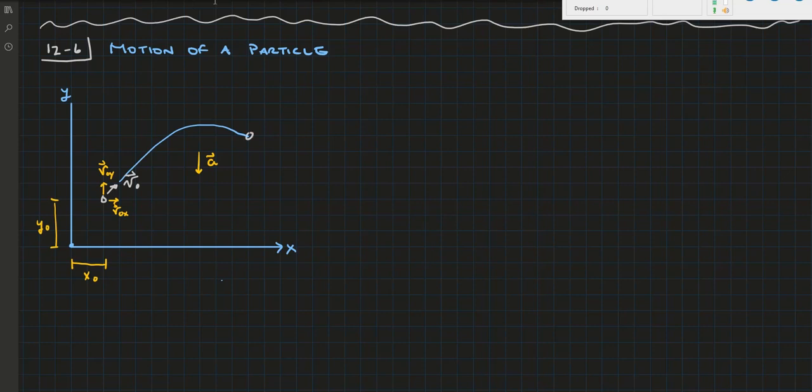And essentially, you have a final velocity, which, let's do the same colors, can be broken up into a horizontal velocity, or velocity in the x direction, and a velocity in the y direction.